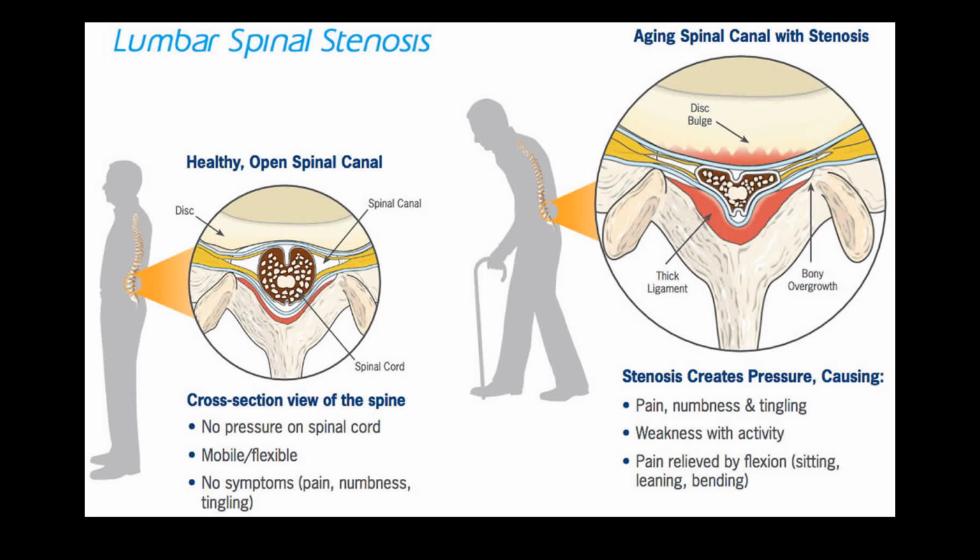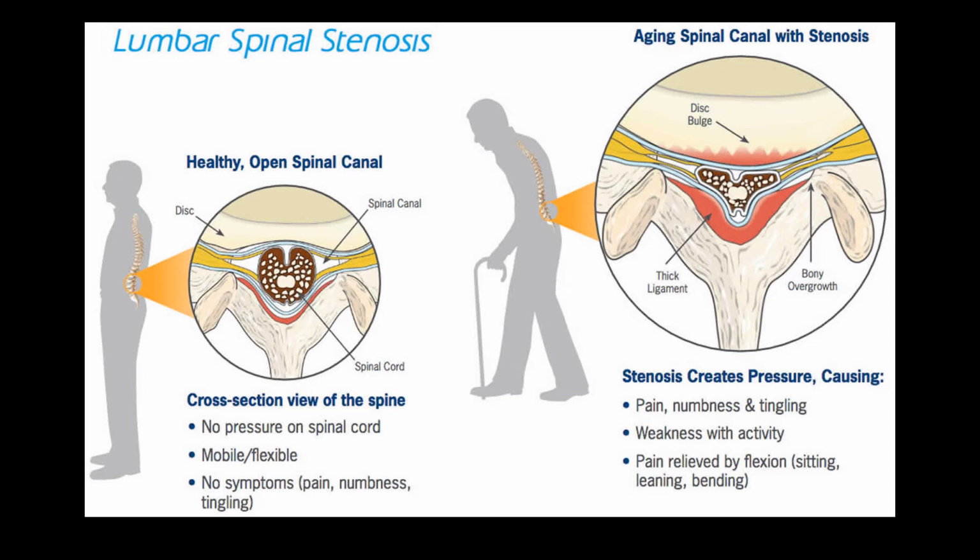If we look at what happens over time, though, with aging of the spine, we see ligaments that get thicker. Specifically in that case, that's the ligamentum flavum that appears to hypertrophy. We see chronic disc bulges. We also see bony hypertrophy of the facet joints. All three of those combined can narrow the central canal.